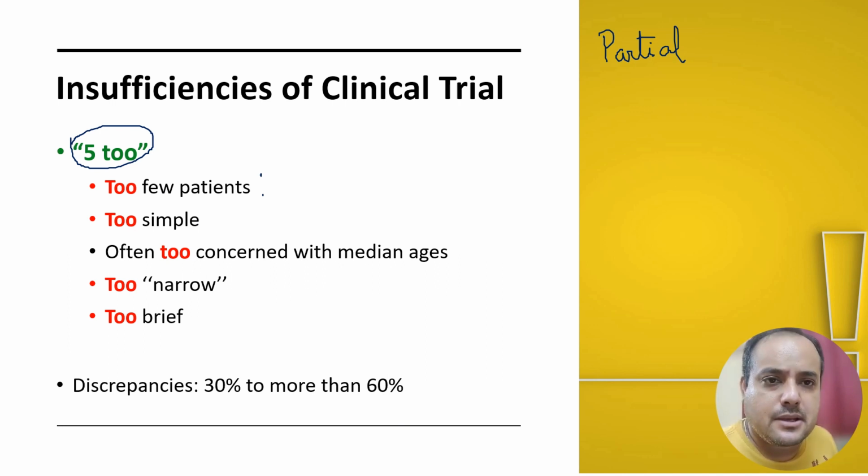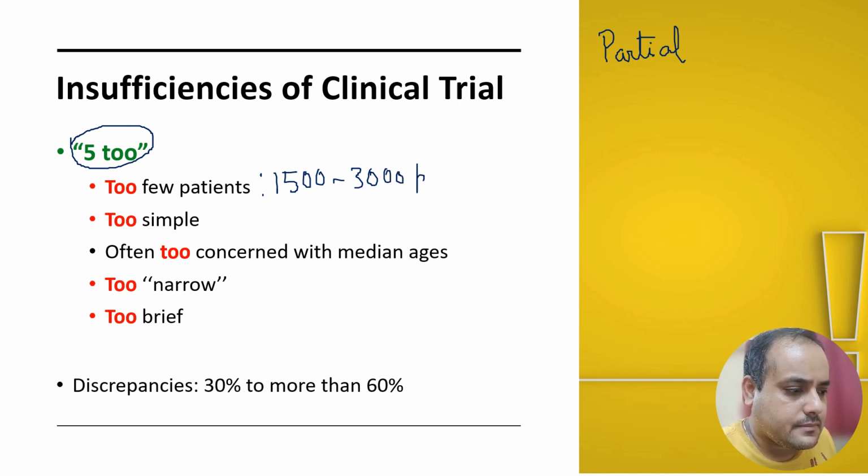Suppose in phase 3, a multicentric trial, you will see somewhere in the range of 1500 to say 3000 patients. But the number of patients who will actually use a drug will be far more than the patients who are enrolled in the clinical trial before the drug was getting marketed, right?